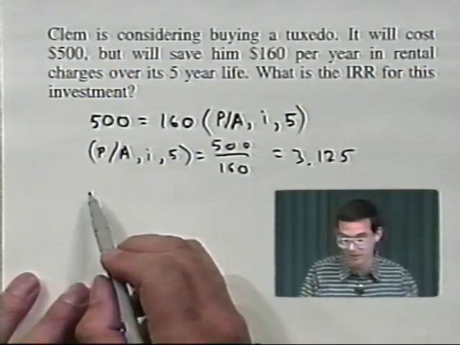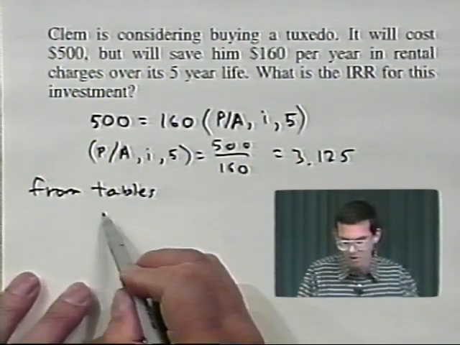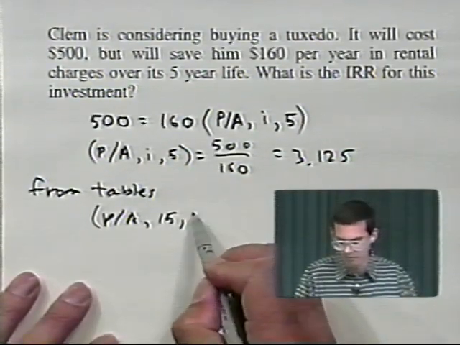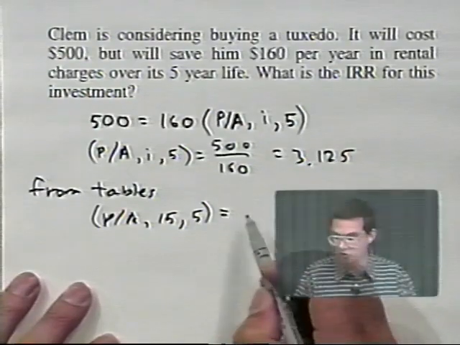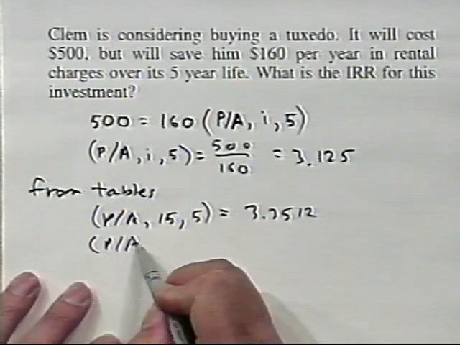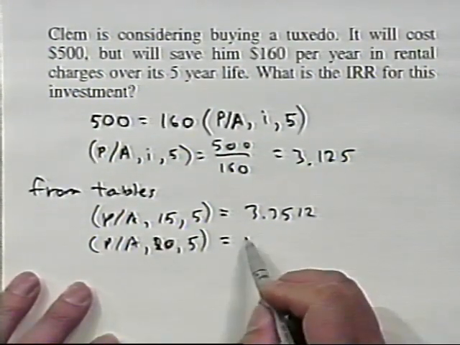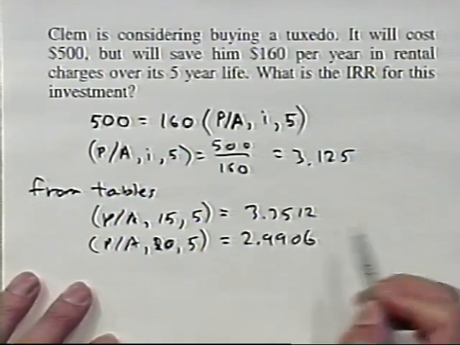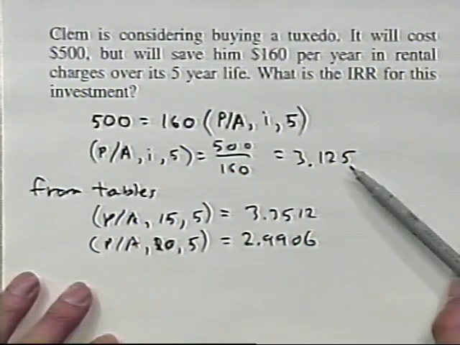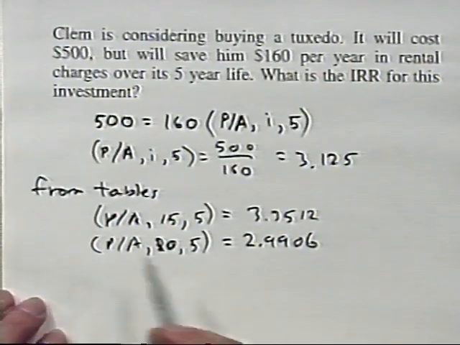And then from tables, we can see that the series present worth factor at 15%, just by observation, is 3.3512, and at 20% is 2.9906. We've bracketed the target amount of 3.125 by these two amounts. We can linearly interpolate between these two, as we've seen before.